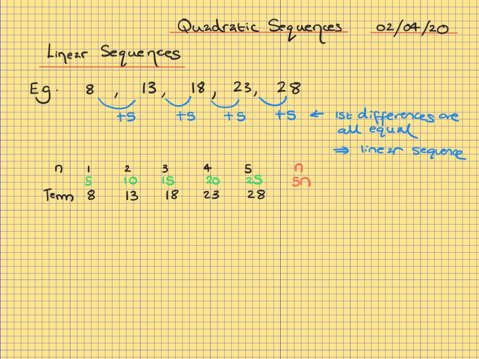But of course, we don't want the 5 times table, we want an adjusted version of the 5 times table. And if you look carefully, you can see that our sequence is 3 more than the corresponding term in the 5 times table. So the nth term for our sequence is 5n plus 3.